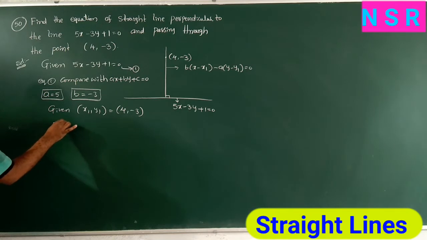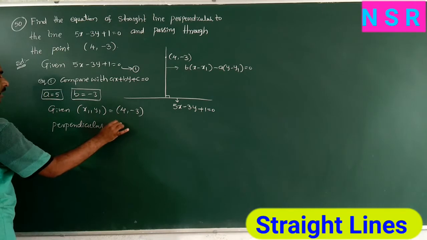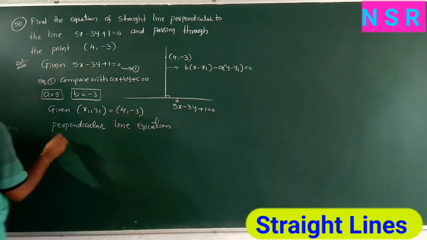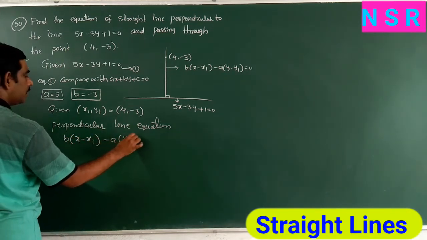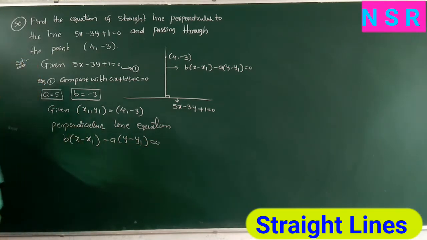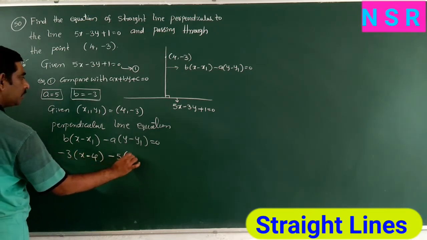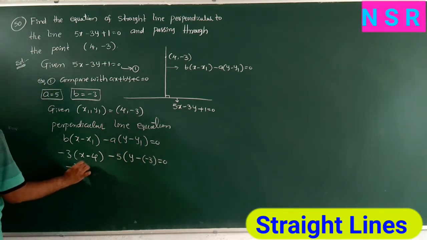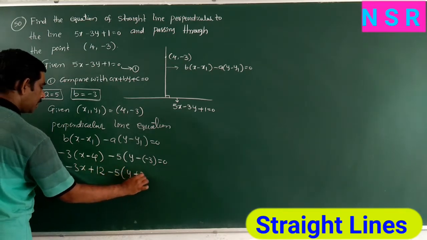So write here the perpendicular line equation: b into x minus x1 minus a into y minus y1 equal to 0. Now substitute the values. Minus 3 into x minus 4 minus 5 into y minus of minus 3. So minus 3 into x is minus 3x, minus into minus 3 times 4 is 12, and 5 minus into minus is plus 3.